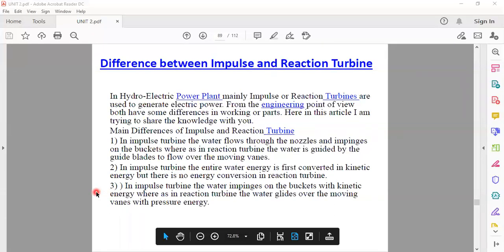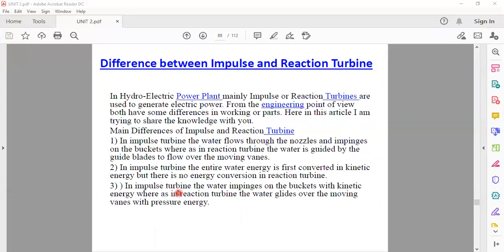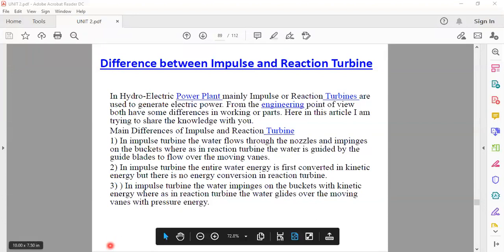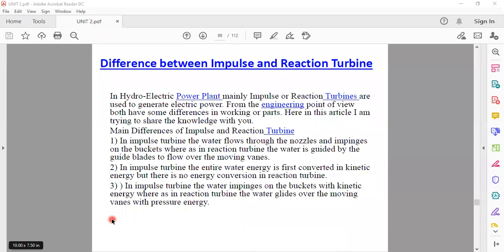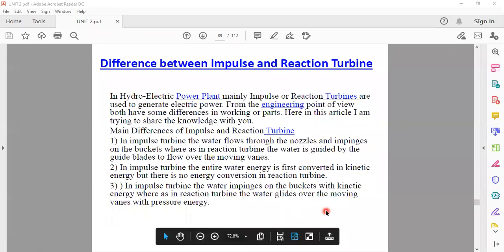Second, in an impulse turbine, the entire water energy is first converted into kinetic energy, but there is no such energy conversion in a reaction turbine. In an impulse turbine, the water impacts on the bucket with kinetic energy, whereas in a reaction turbine, the water glides over the moving vane with pressure energy.